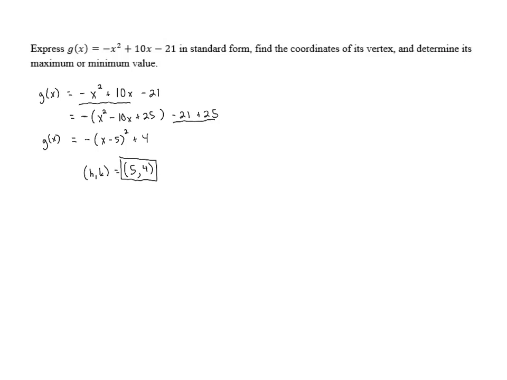Lastly, we were asked to determine its maximum or minimum value. Because the value of a here is negative, because a is less than 0, this means that we have a parabola that's opening downward, and so we're going to end up having a maximum function value.